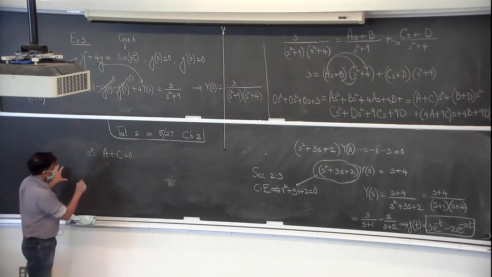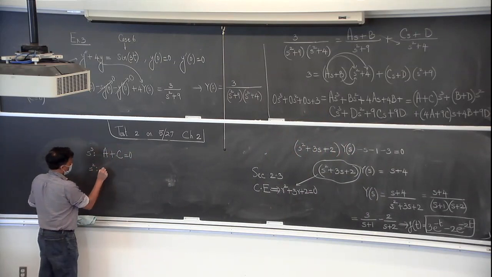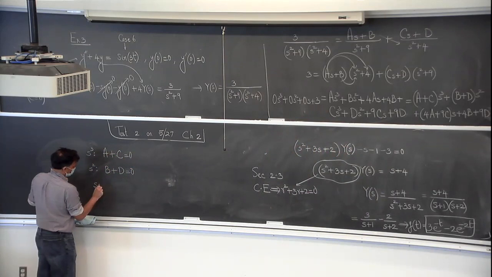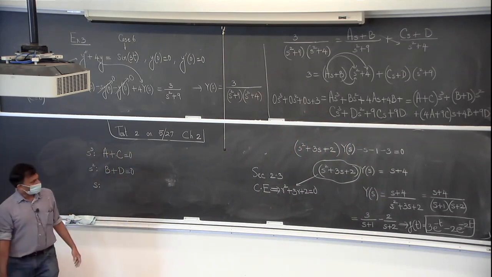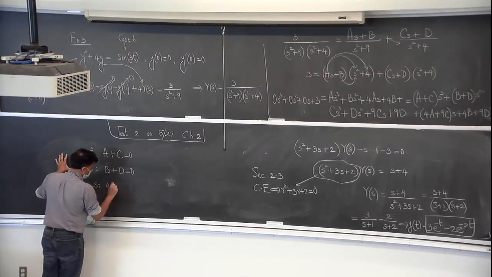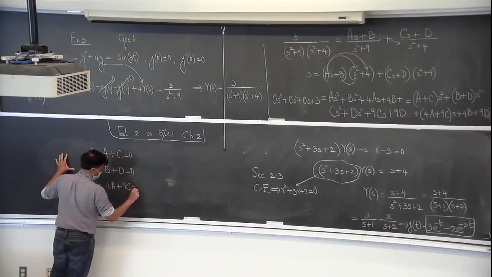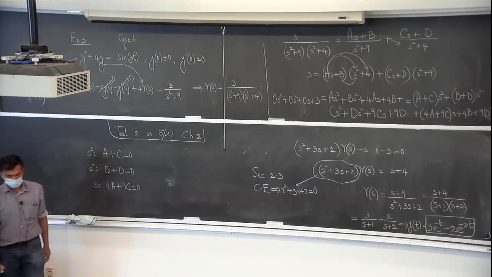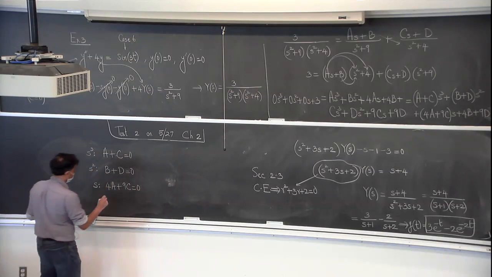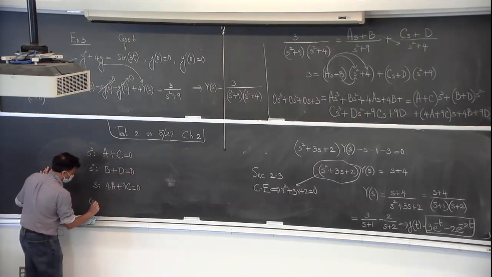The s square terms will give you b plus d equal to 0. The s terms will give you 4a plus 9c equal to 0. And just when you think that everything is 0, the last set of terms is not. 4b plus 9d is equal to 3, the constant term.